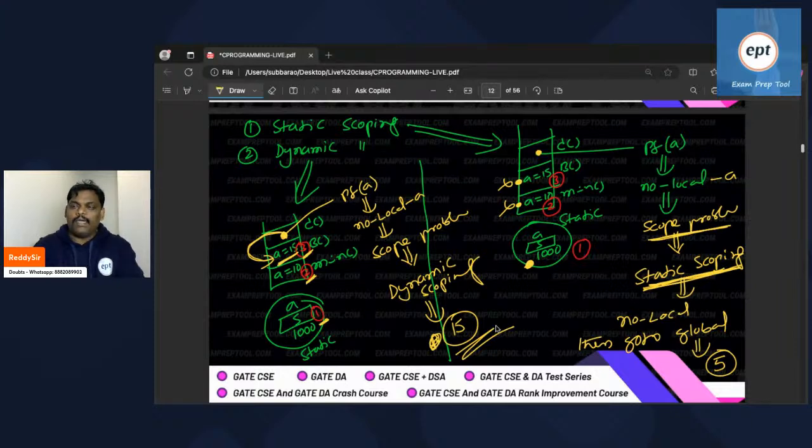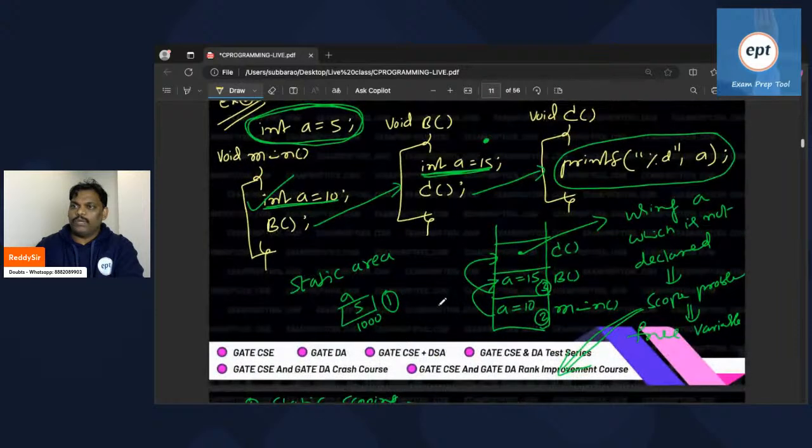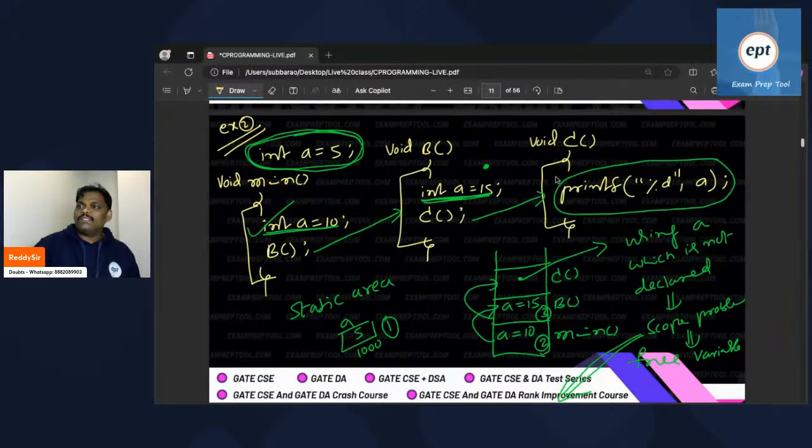So for this program, static scoping answer is 5. Dynamic scoping answer is 15. So this is the program. See this one. At this place I said print A. At this place I said print A. There is no A. This is called a scope problem. Then what solution do I have to give? If I ask the compiler, you solve, that means static scoping.